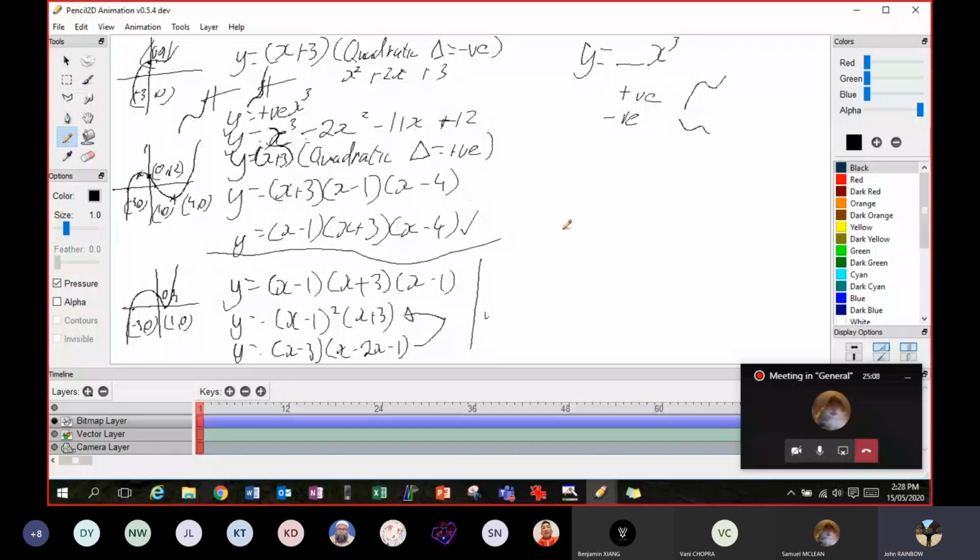Okay, so we've got y equals x minus 1 all squared, and we've got x minus 3. What this is going to look like, obviously you can understand that we're going to have the negative intercept. And we've also then got a turning point here, right? 0, 1. Sorry, that should be 1, 0. And then we've also got it cutting through the axis at 3, 0.